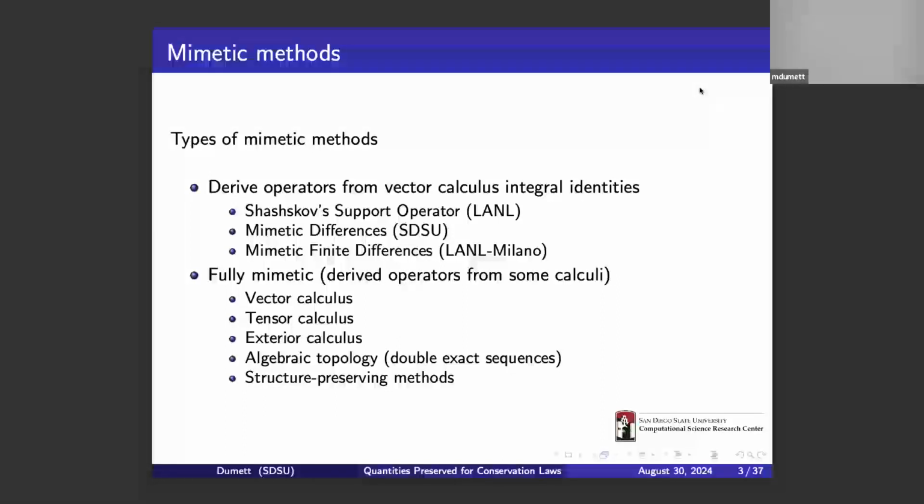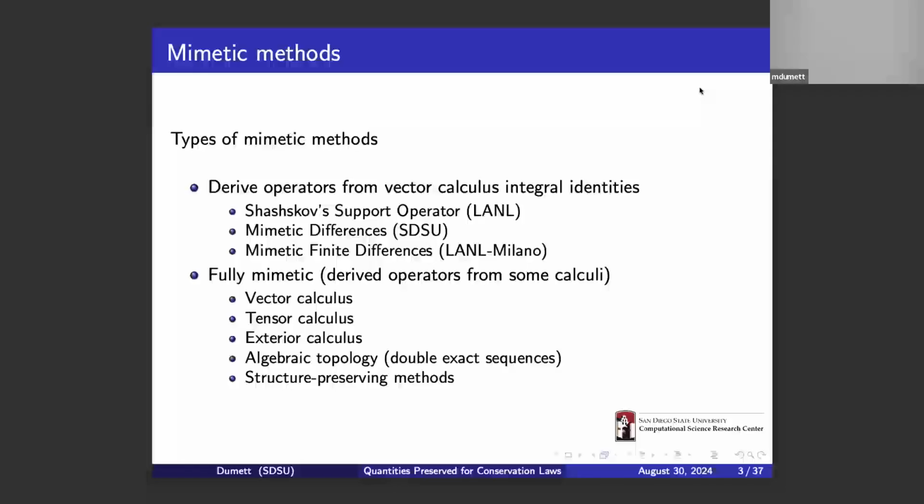A mimetic method is a numerical method that not only cares about the accuracy and stability of the method, but also cares about conserving properties, symmetries of the solution, conservation of energy, conservation of mass, different conservation laws, different properties of the continuum. So the numerical method should be able to replicate in the discrete realm the properties in the continuum.